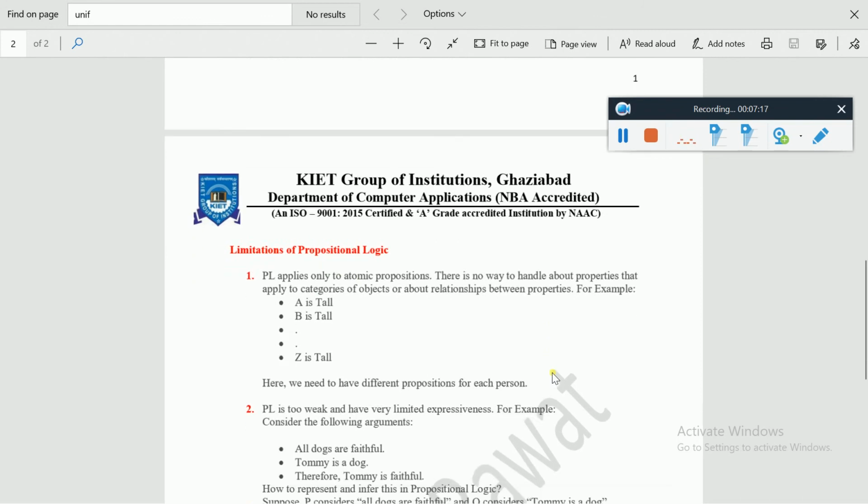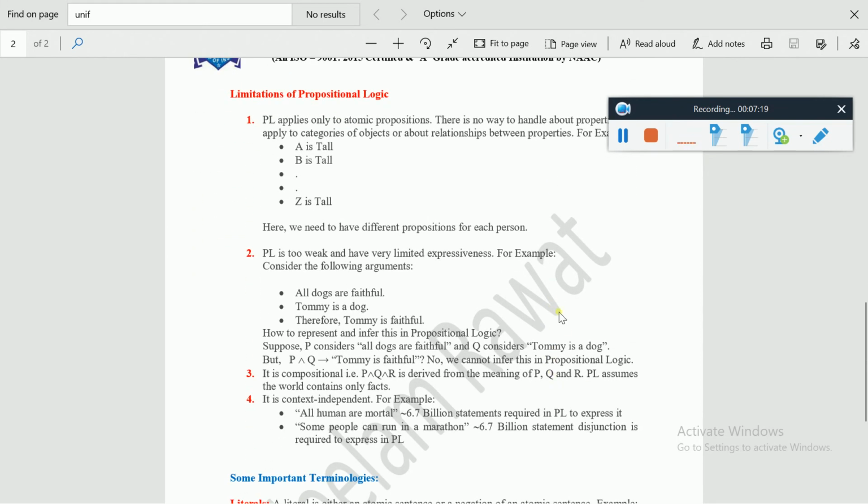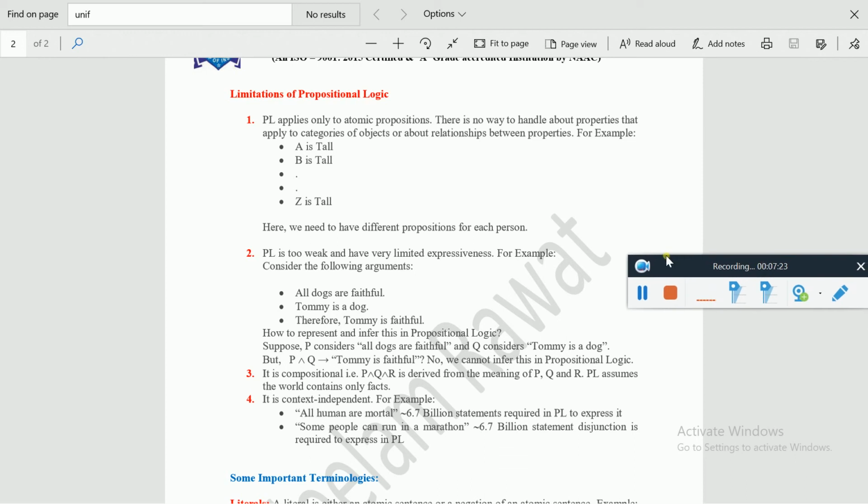So now we need to know what the limitations of propositional logic are. There are some limitations of propositional logic. That's why we will move towards our next logic representation language, which is predicate logic. The first limitation of PL is that propositional logic only applies to atomic propositions.